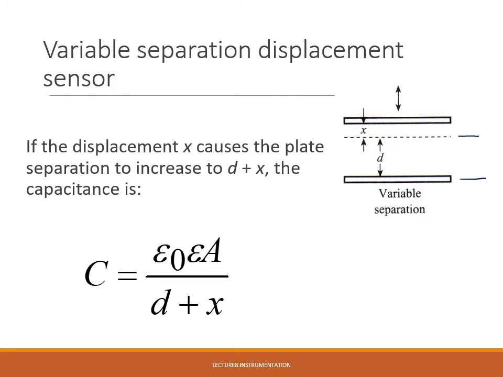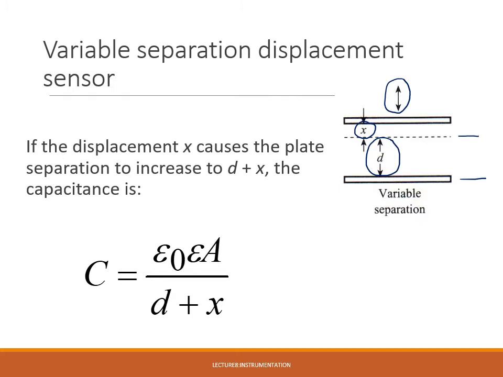We can get a different value of capacitance, meaning a change in capacitance value, by moving the plate up and down like this. So A is still the same, dielectric is still the same, but the distance is now changing. Initially the distance is d, the new distance is d plus x.